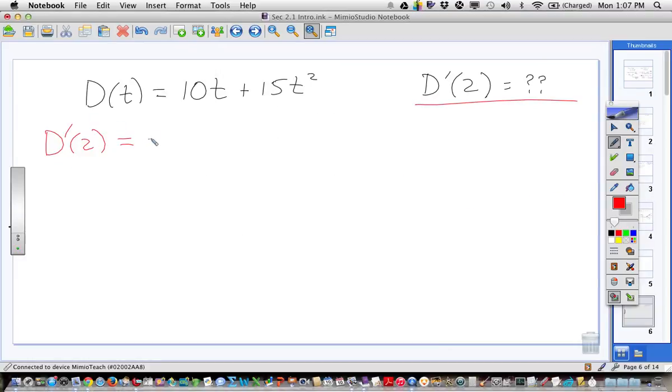So d prime of 2 is going to be the limit as h approaches 0, d of 2 plus h minus d of 2 all over h. Does that make sense? You can see it easier on your paper. It's just my function was d instead of f, and now we're going to find the slope at 2 instead of just at any point a. Okay, all right.